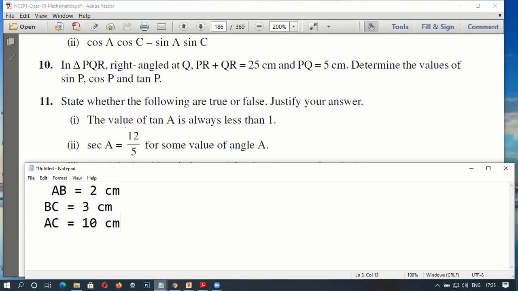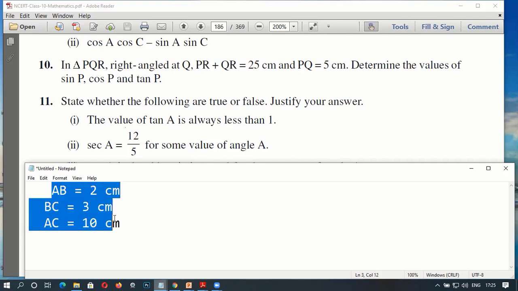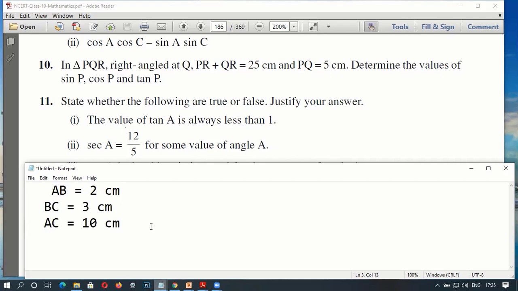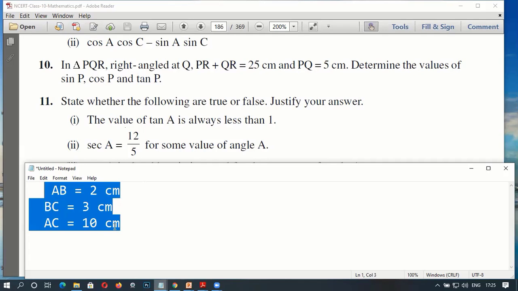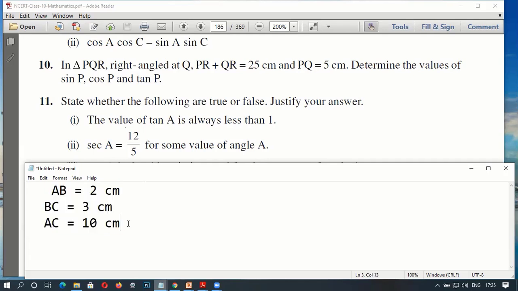Will it form a triangle? No. Right, Anvi? Anvi, can you explain? That is one of the very important rules. But here, for sec A equal to 12 by 5, you already know the hypotenuse. So the second side will only come later. A right angle triangle will always be formed. Here you cannot form a triangle. It will be collinear points at most.